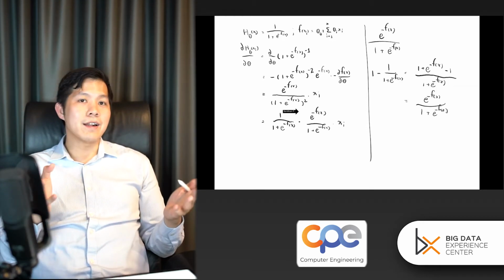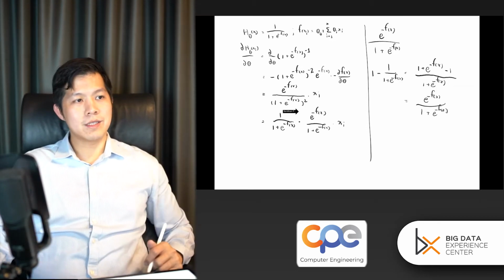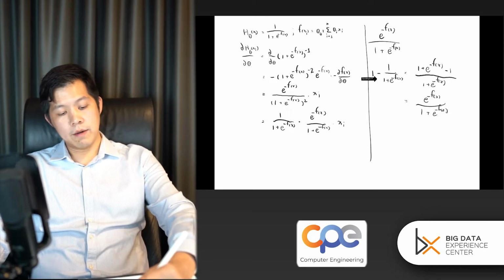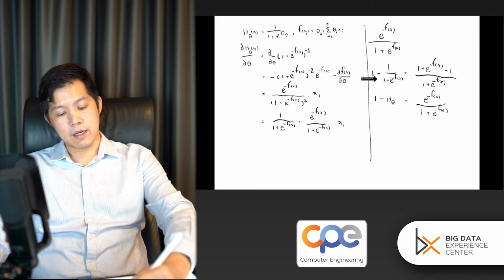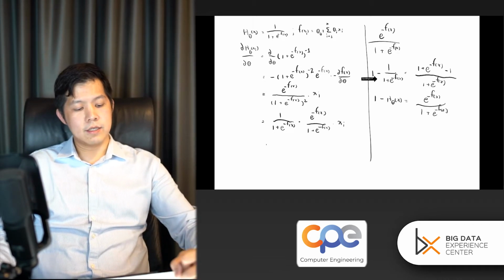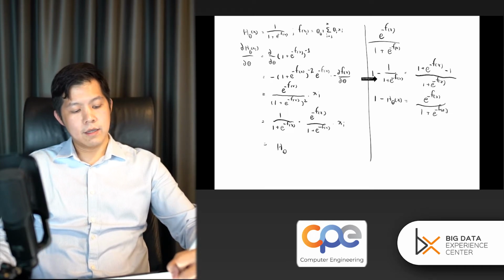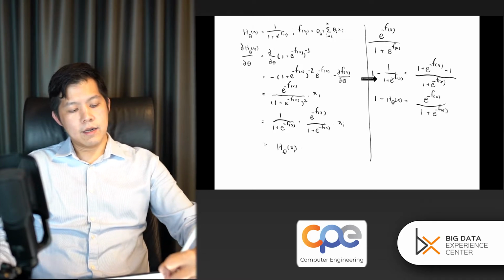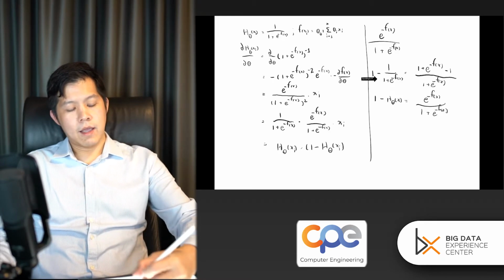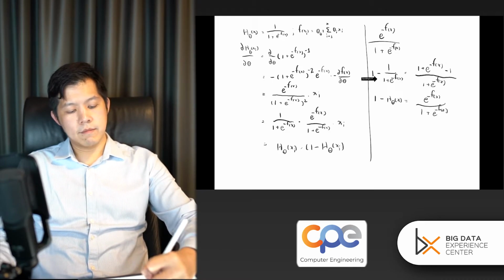Alright, so they are the same. But what is the left-hand side again? This one is actually 1 minus h theta x. So it means that this thing is h theta of x, and this is 1 minus h theta of x, times xi.